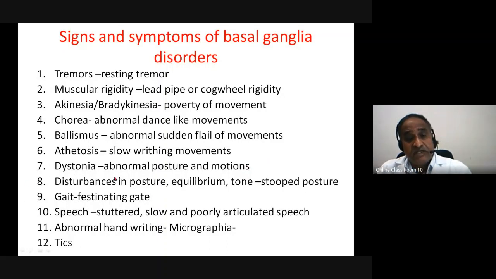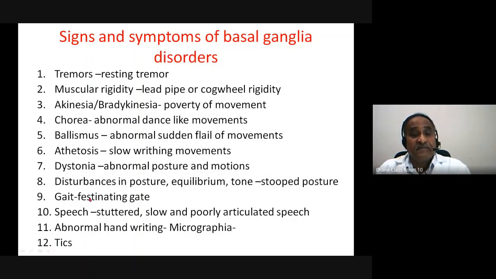Then there is disturbance of posture, equilibrium and tone. That means a posture of the basal ganglia disorder. Especially the Parkinsonian posture is a stooped posture, a universal flexion. Then the gait changes.